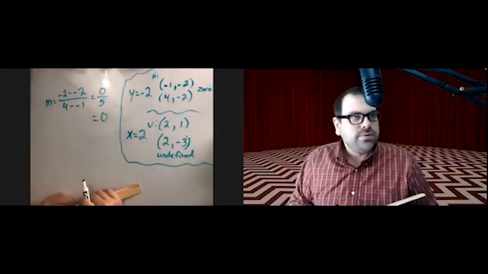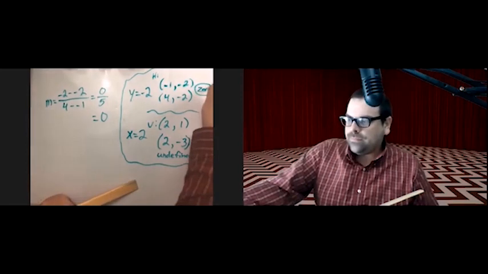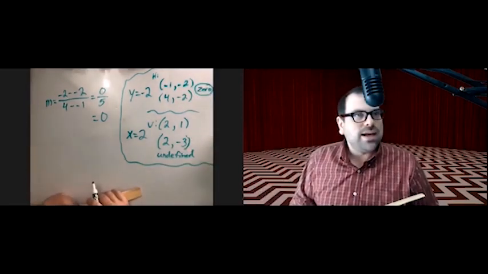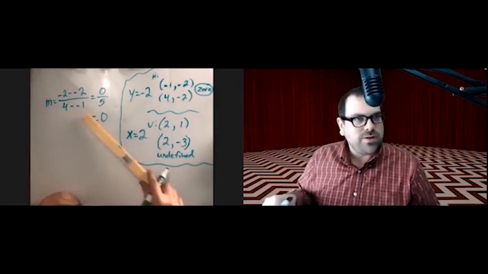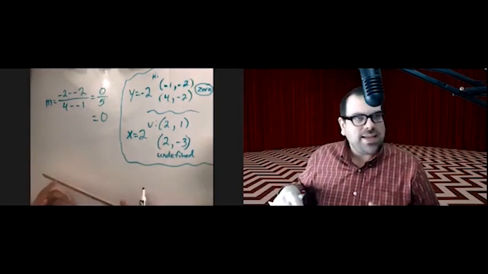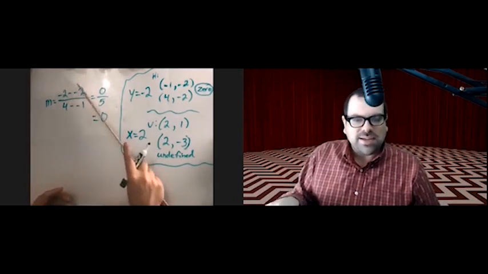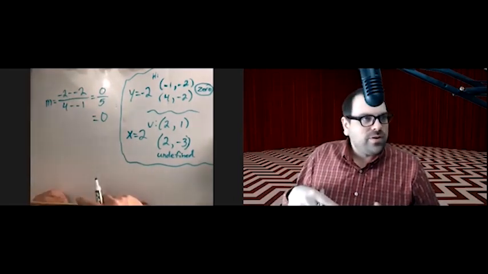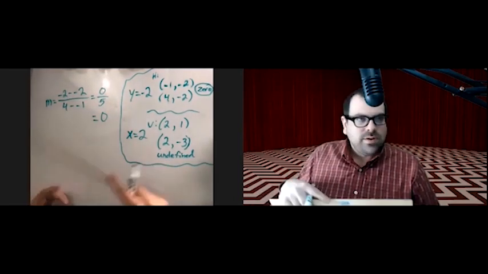We get an answer of 0. So a horizontal line has 0 slope because when we do the slope formula, since the y's are the same, that means we're subtracting something from itself on top, and we get 0.